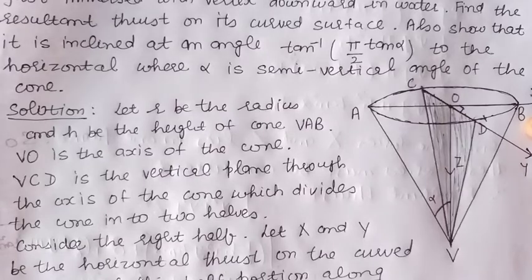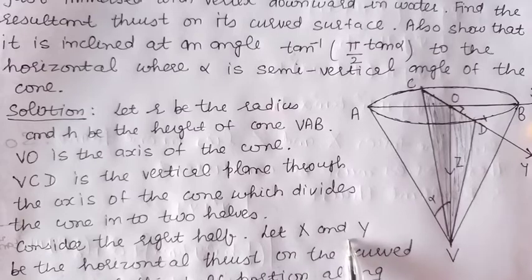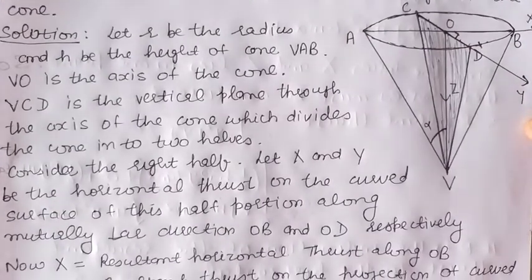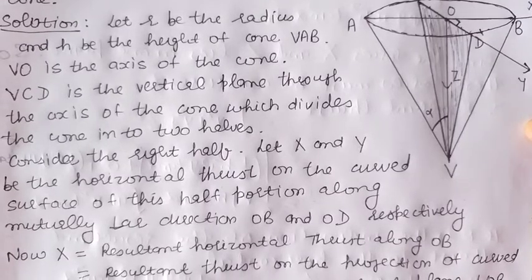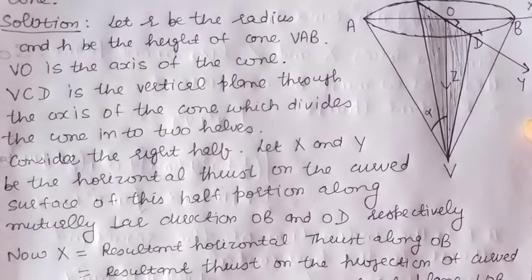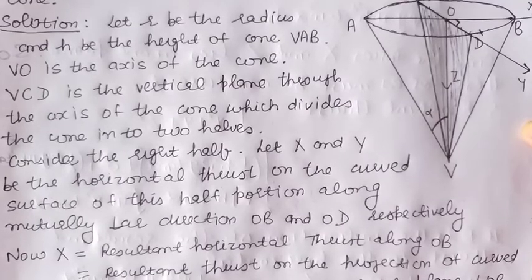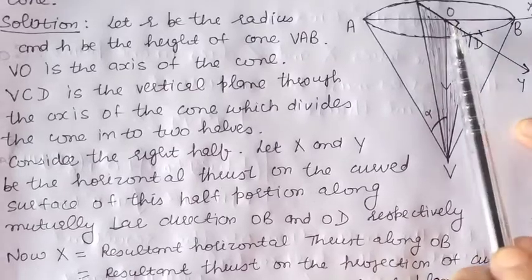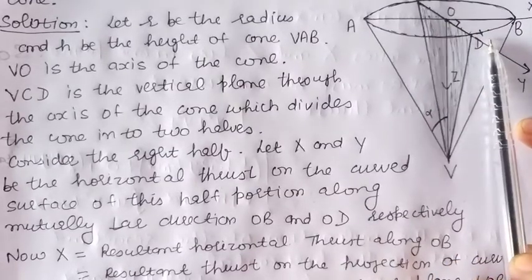Let us consider the right half of this cone and take X and Y, the horizontal thrusts on the curved surface of this half portion along two mutually perpendicular horizontal directions. These mutually perpendicular directions we have taken OB and the direction OD.